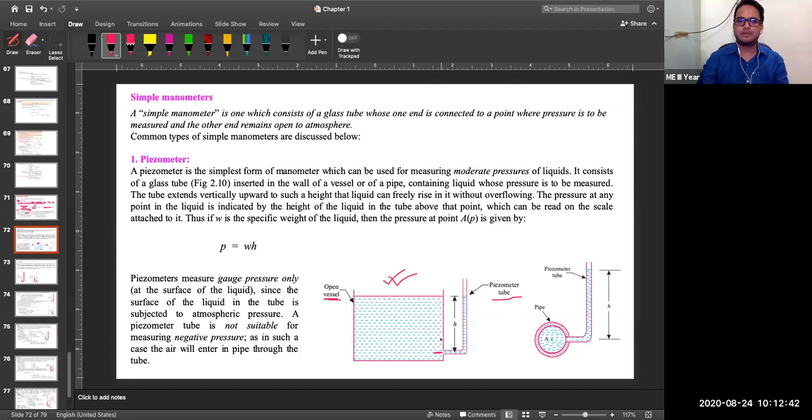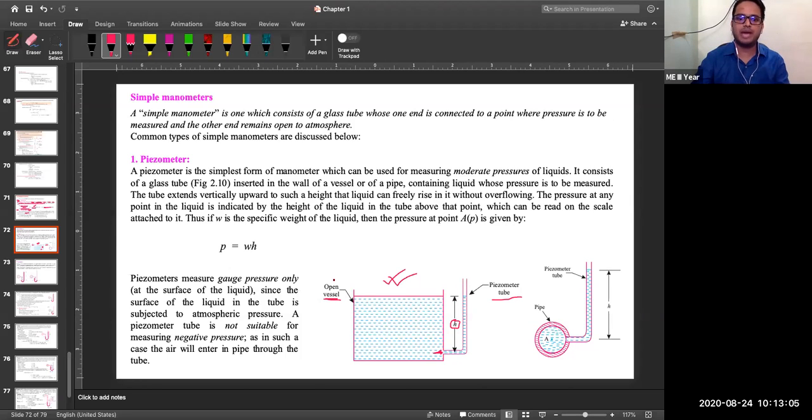So it will measure the pressure at this point only. The level of liquid in this piezometer tube is represented by small h. So this is your simple manometer, also called a piezometer.